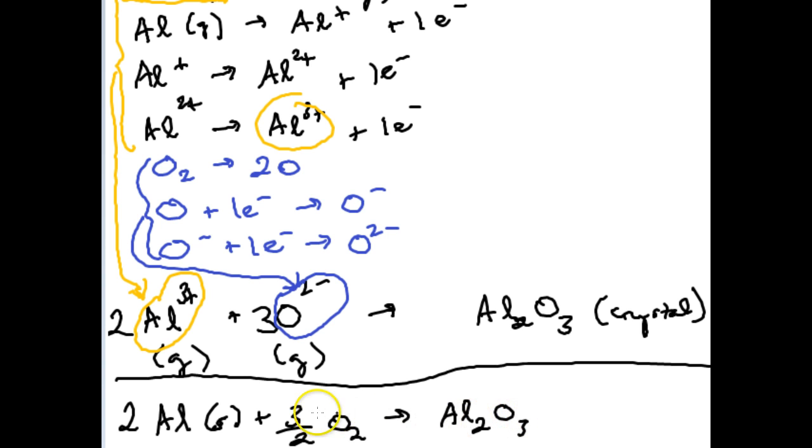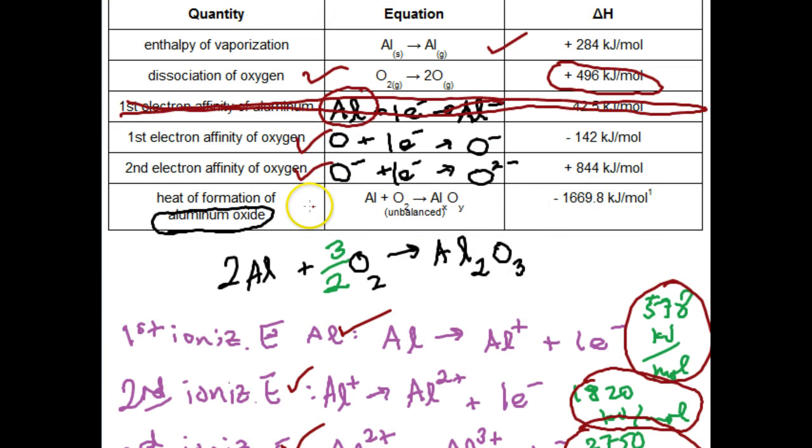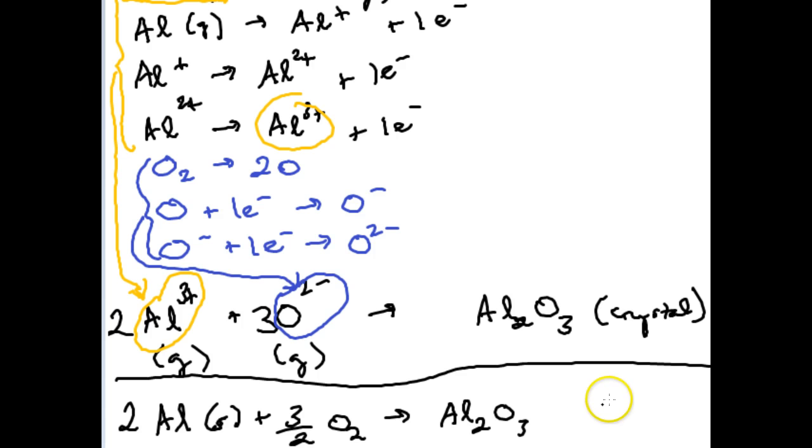Okay, so if we add up all of these reactions, we're supposed to get this reaction, and I'll show you exactly how we get that. It's just like algebra. So we'll get aluminum solid and 3 halves oxygen gas, making aluminum oxide. We know the energy for this reaction. That energy is right here. There it is. This is the energy for that reaction. And so we know this energy.